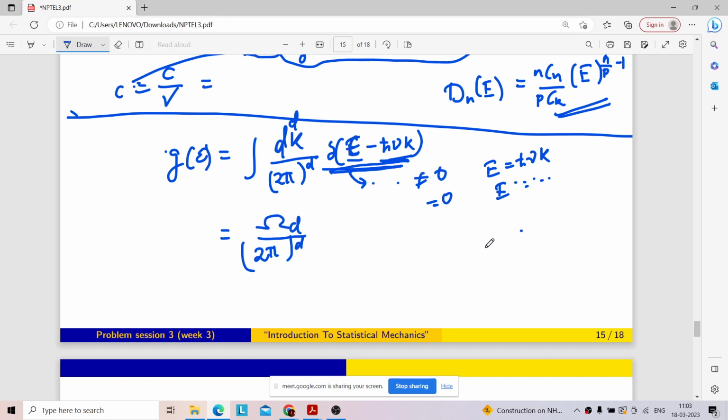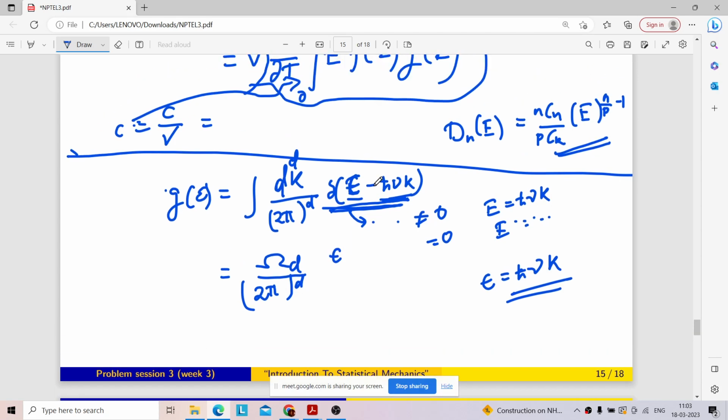If you have this dispersion relation epsilon equal to h cross nu k that we have to obey, the density of states will depend on epsilon as this, where n is the dimension and p is the dispersion parameter.